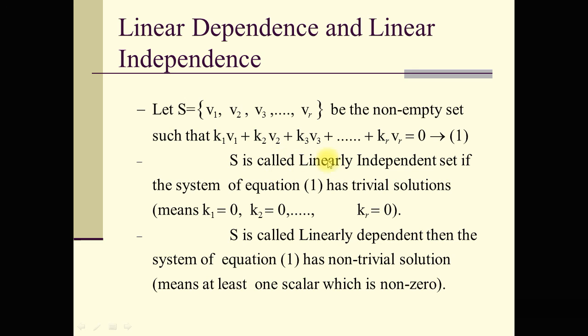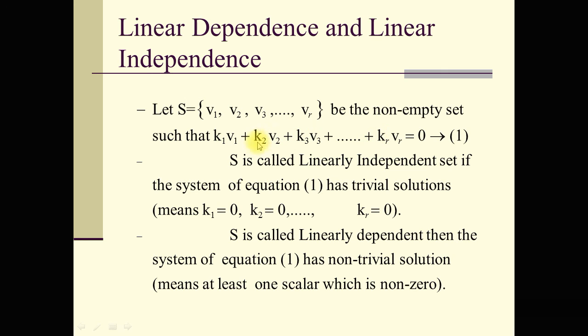This set S is called a linearly independent set if the system of equation number 1 has only the trivial solution, meaning k1 equals 0, k2 equals 0 up to kr equals 0. Otherwise it is called linearly dependent, when the system of equation number 1 has a non-trivial solution, meaning at least one scalar is non-zero. So this is the conclusion: we solve the system of this equation, which contains the scalars k1, k2 up to kr.